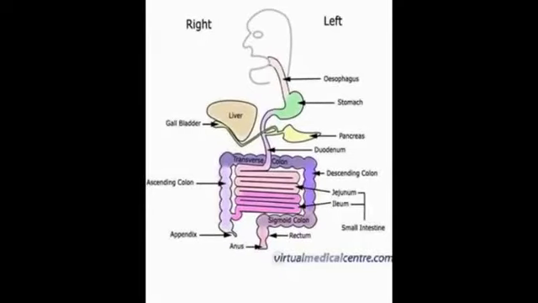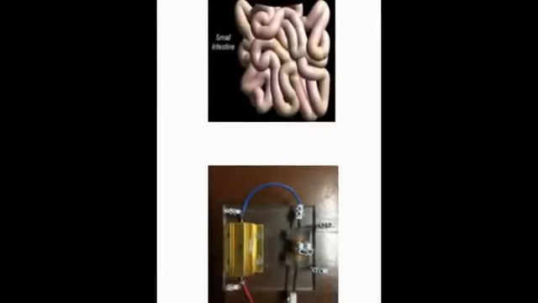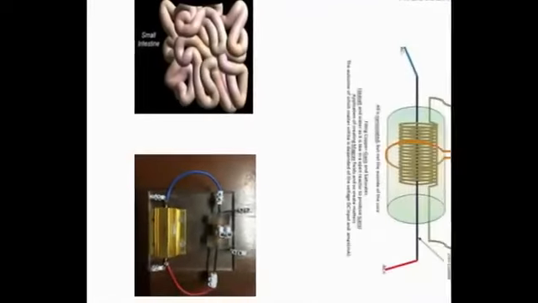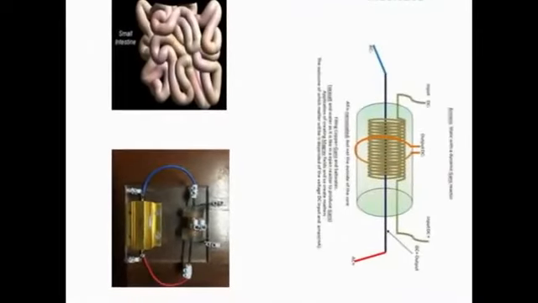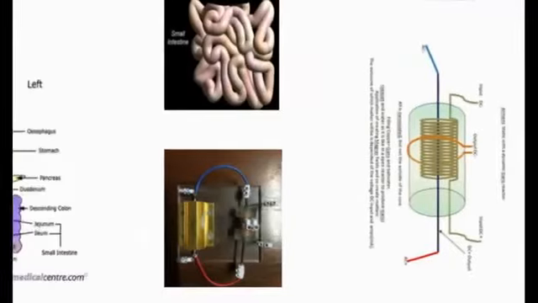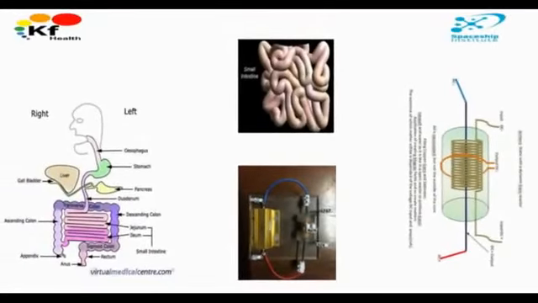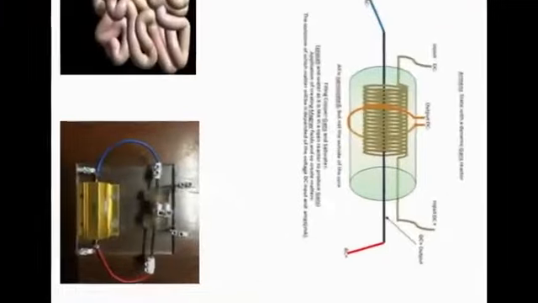As you see, the shape is similar to the hemispheres of our brain, and also to the shape of the new small reactor device that Armen made. If you compare the left and right side of that slide, you see that the coil inside of the reactor of Armen is like our intestines, and the large intestine is the outer core of the Armen reactor.